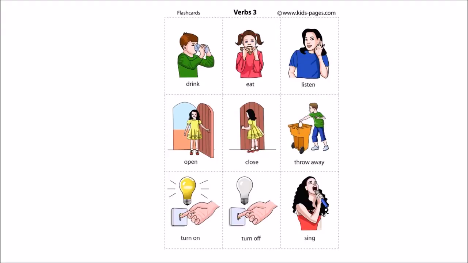Listen. Listen to me, please. Listen to the radio. Listen to the TV. Listen. Open. When you open the door, open the window. And then we have close. Close the window. Close the door. Throw away.